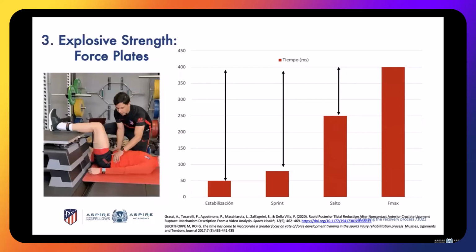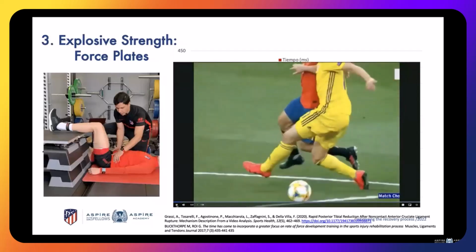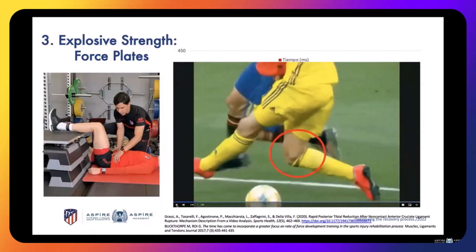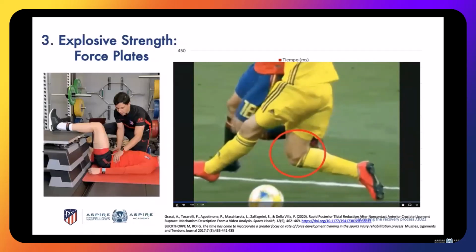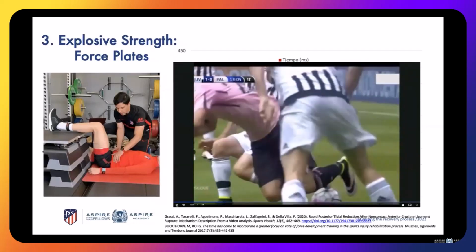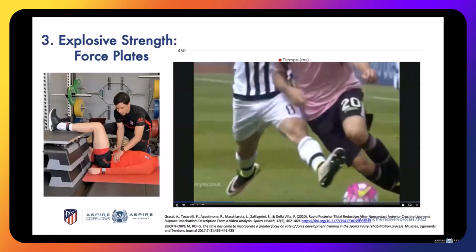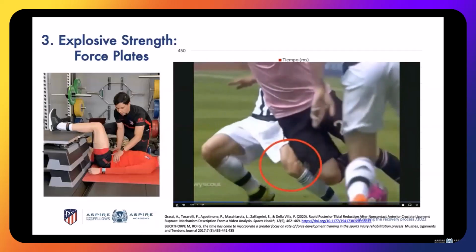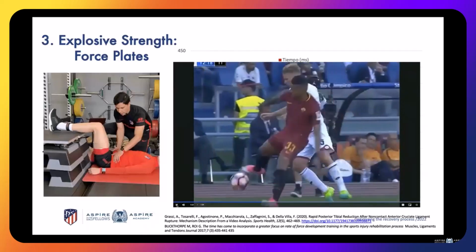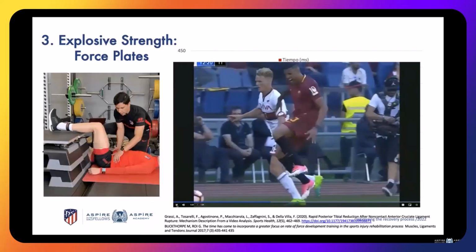That's why we also test explosive strength, not just how much force, but how we recruit and apply that force, because this is the amount of time that we have to produce force in our context. So if we are not able to produce enough force in 50, 100 milliseconds to protect our joints, then we are at risk. That's why for us, maximal isometric force is not enough.